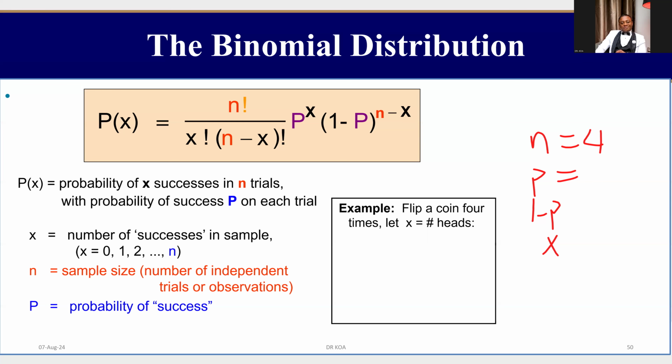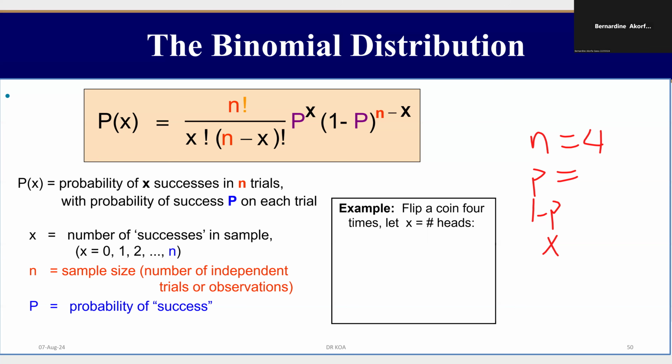In other words, what is the probability that there will be a head? And what is the probability that there would not be a head? Bernardine, now you got it. Okay.